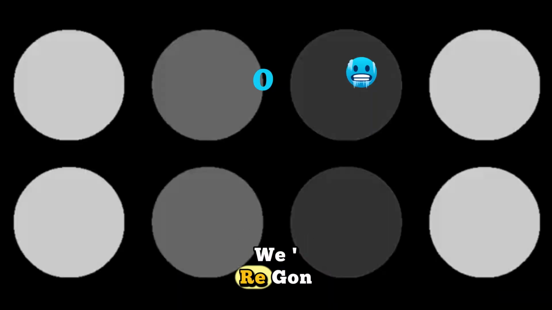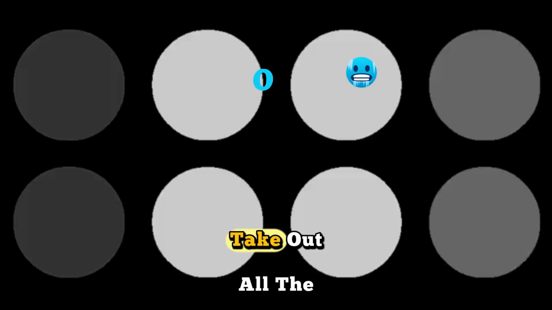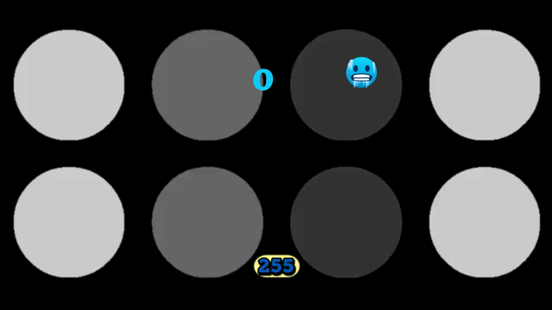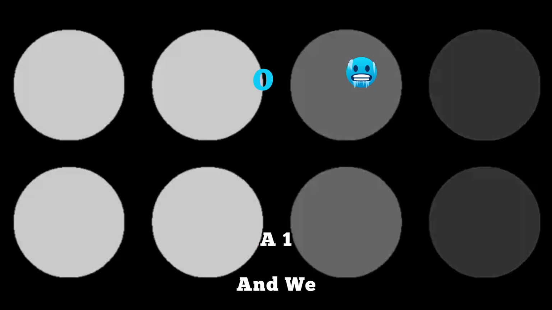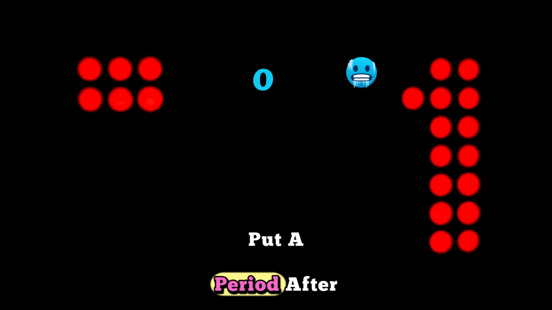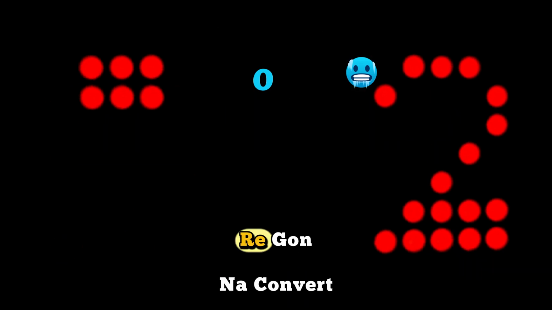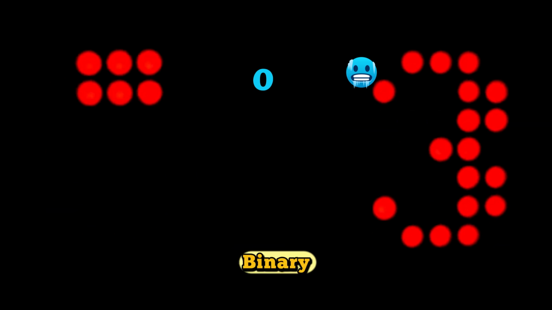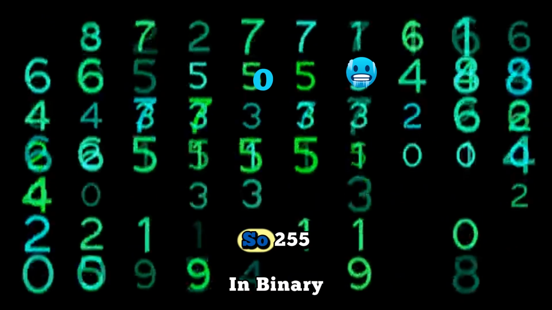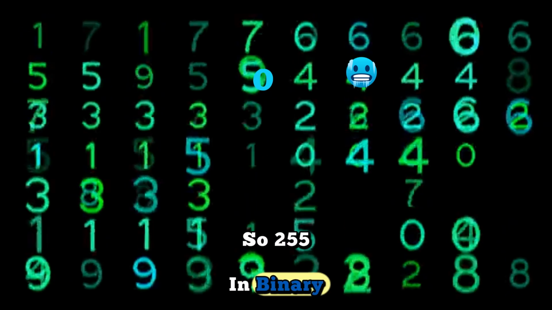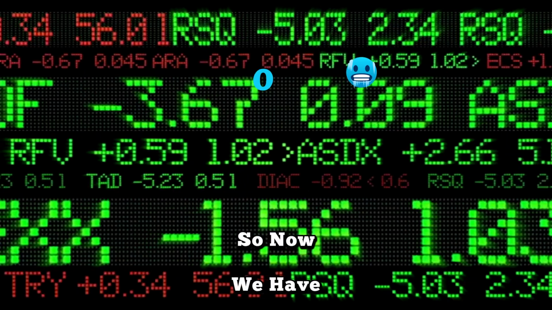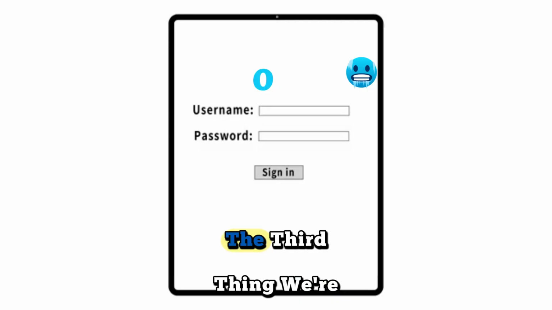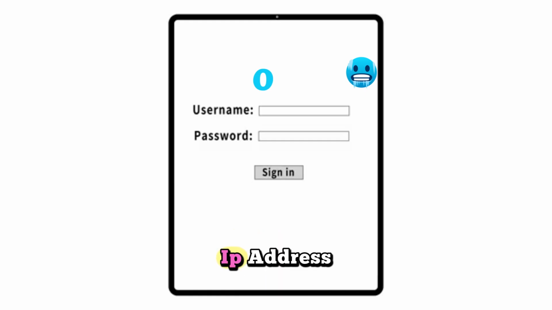The first thing we're going to do is take out all the 255s and replace them with a 1, and we're left with 255. Then we put a period after each one, and then we convert that to binary. 255 in binary is 11111111, so we'll put that over here. So now we have 11111111.